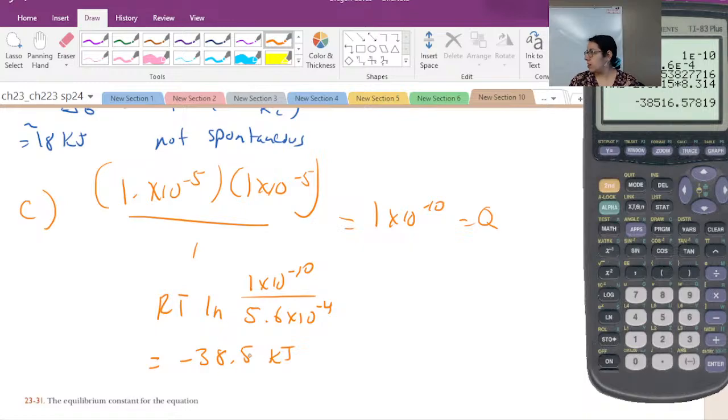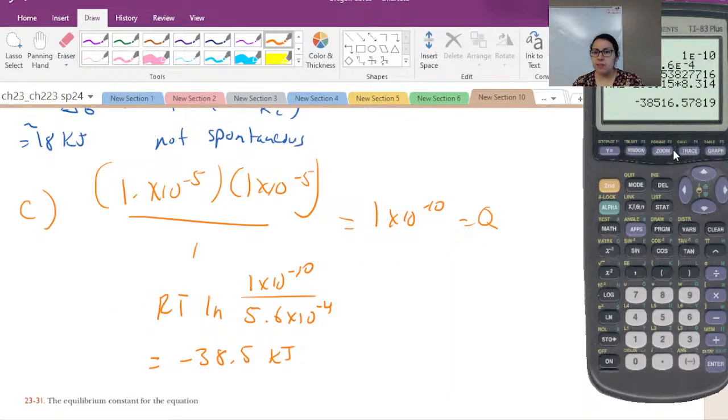And so now we can say, yes, it is spontaneous, which matches what we thought. It should be negative if it's spontaneous, and yeah, that's what I got.